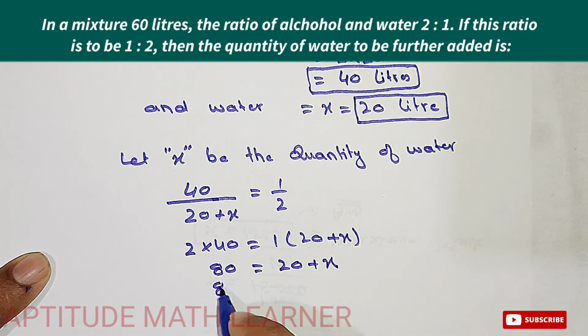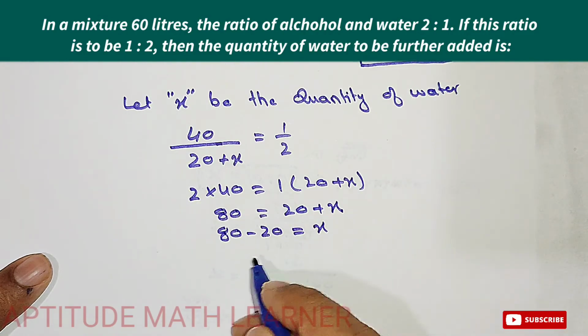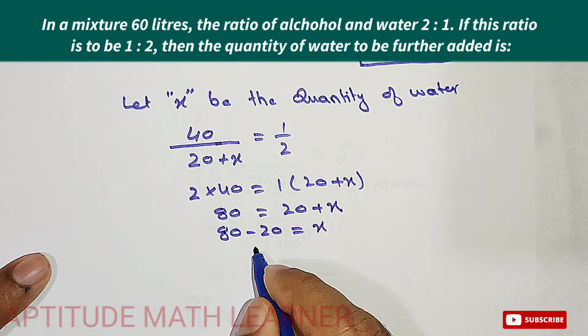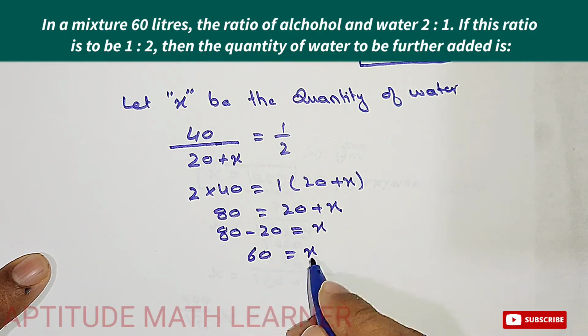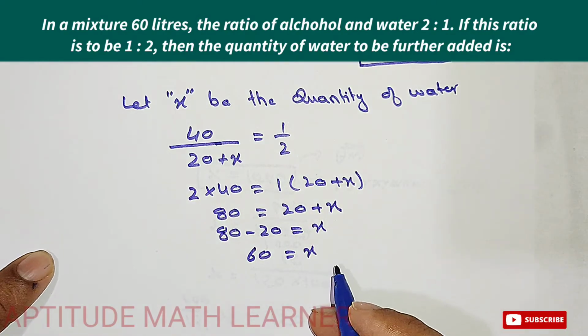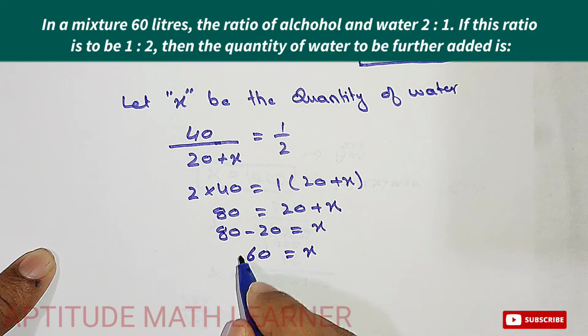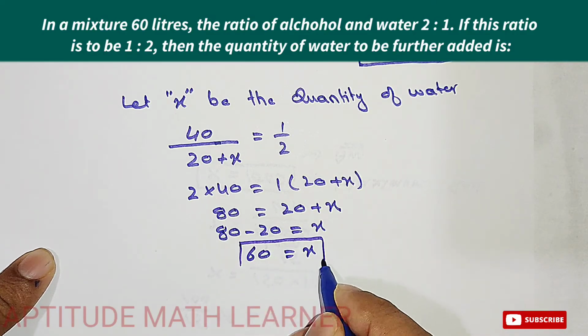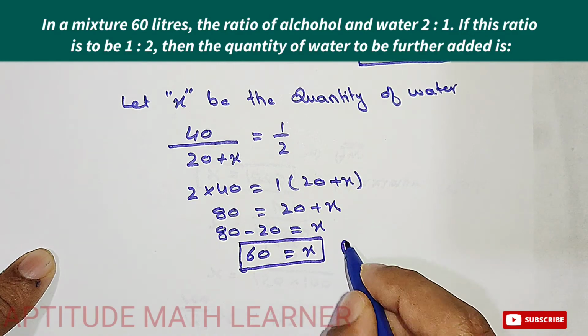The 20 goes to the other side and becomes minus 20, so 80 minus 20, that is 60, is equal to x, and x is the quantity of water which we have found. So the quantity of water to be added is 60 liters. This is our answer.